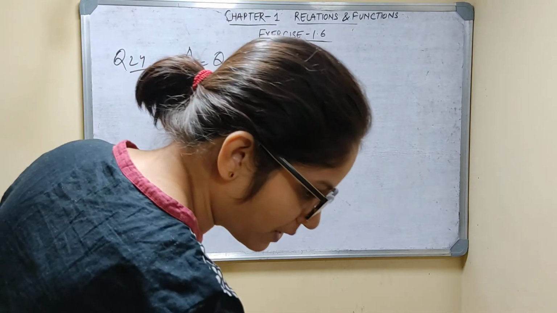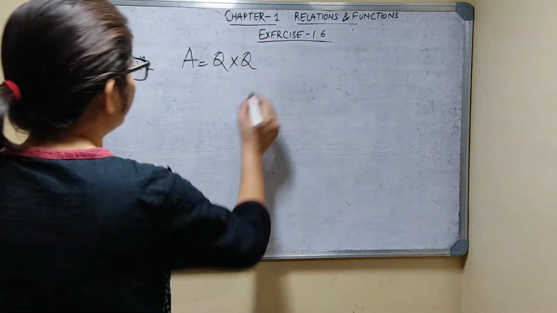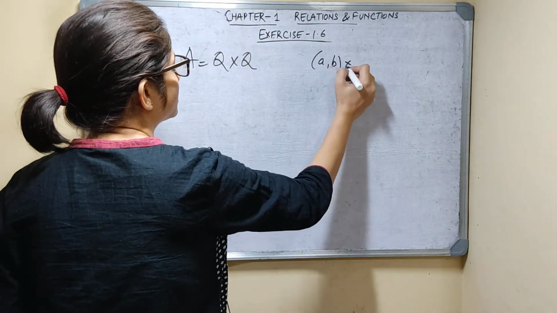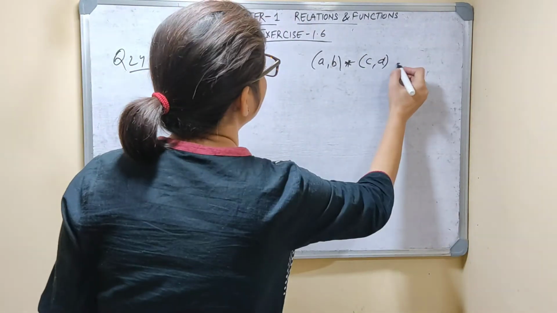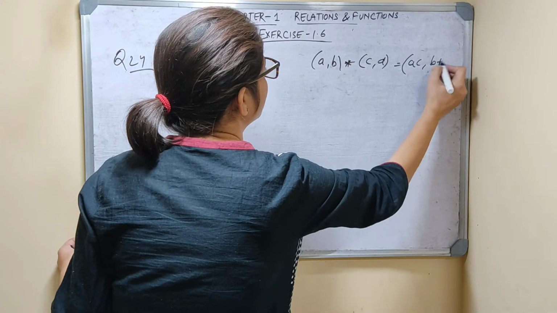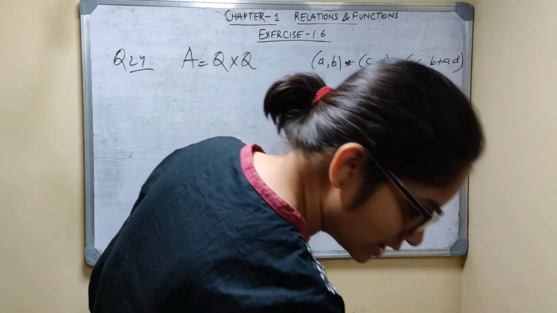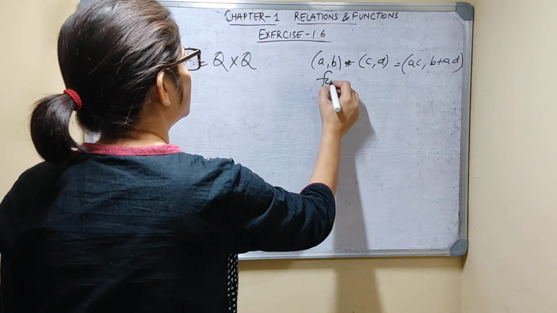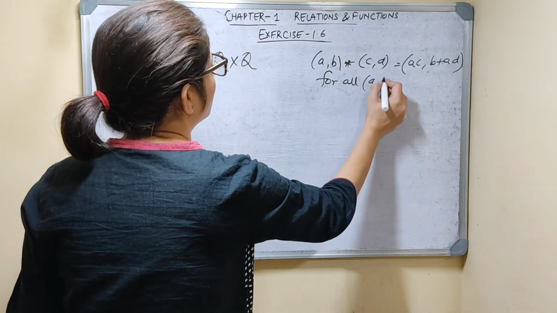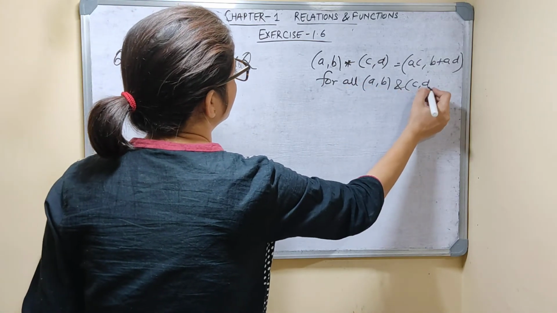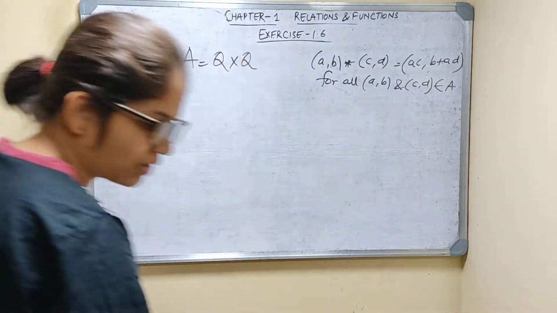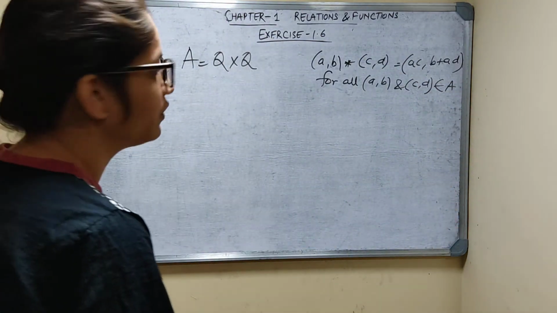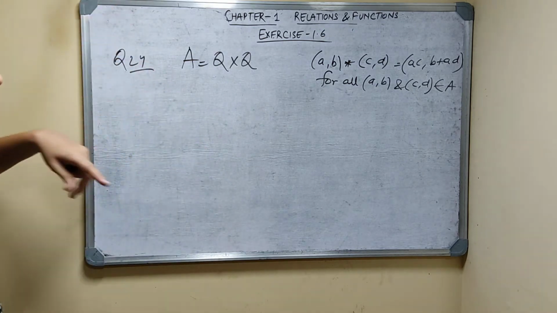Star is a binary operation on A defined by (a, b) star (c, d) equal to (ac, b plus ad), for all (a, b) and (c, d) belonging to set A. Show that the operation star on A is non-commutative but associative.